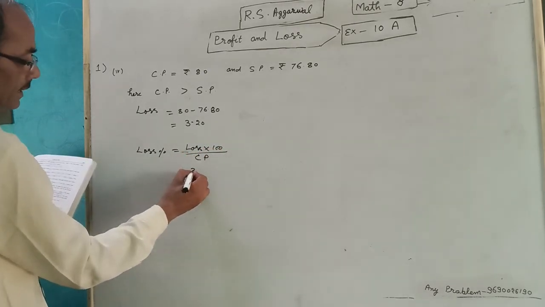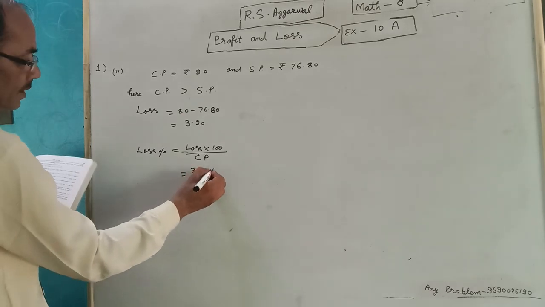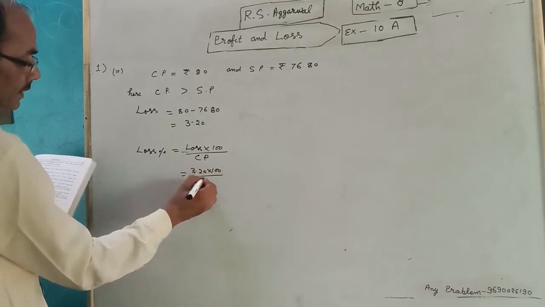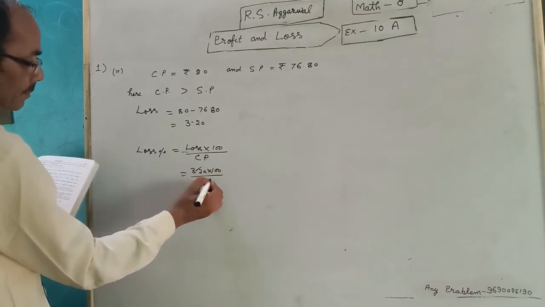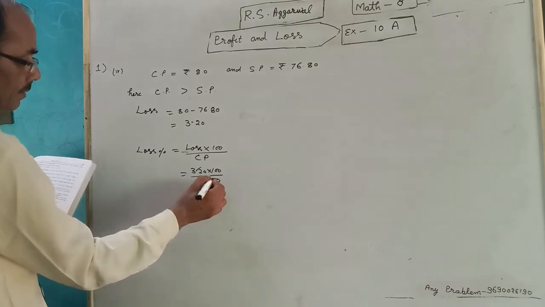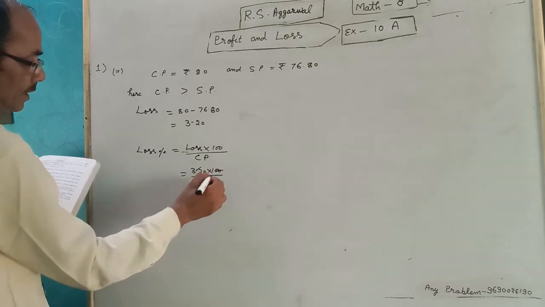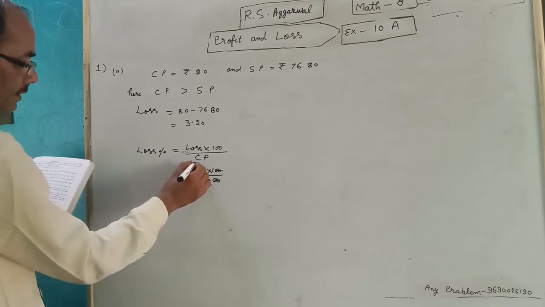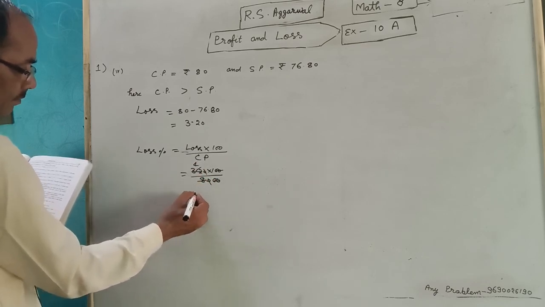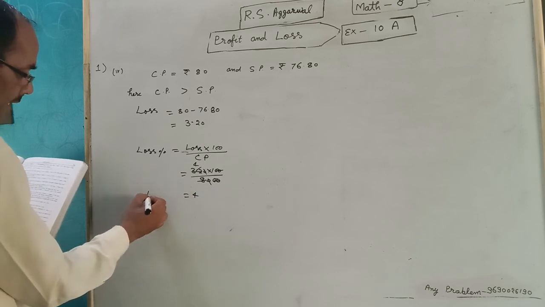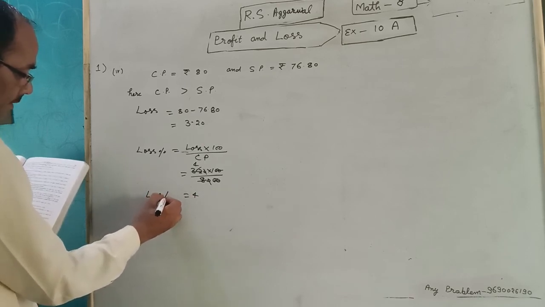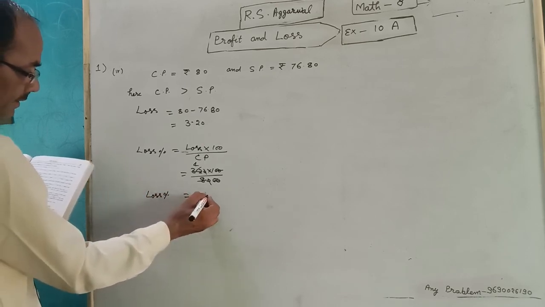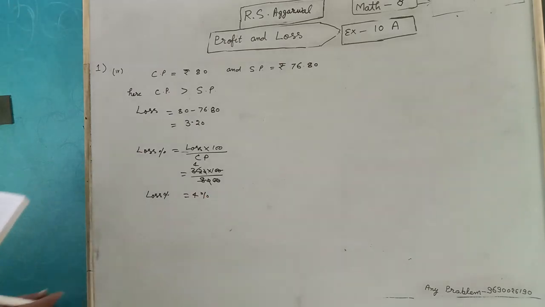Loss here is 3.20 into 100 upon 80. After removing the point, simplify: 4%. First question is complete. Thank you.